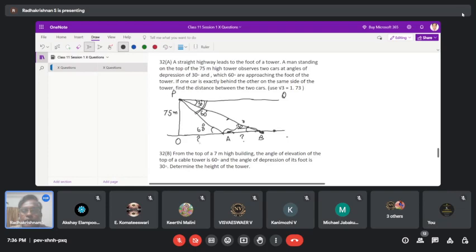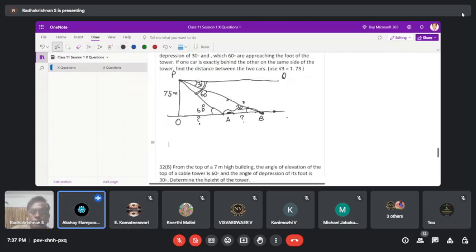Can we determine OA? You said tan 30, but tan 60 is root 3.